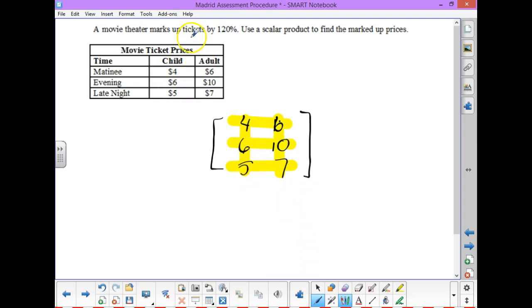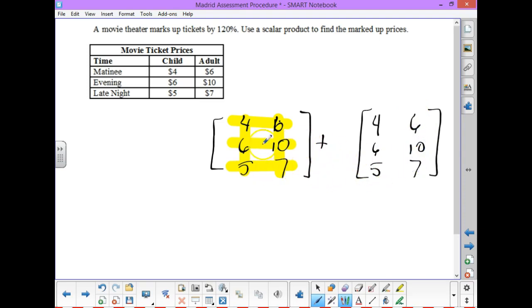Now it's saying these movie theater tickets were marked up by 120%. So use scalar product to find the marked up price. We basically are going to have to take this plus the markup of these same values: 4, 6, 5, 6, 10, 7.